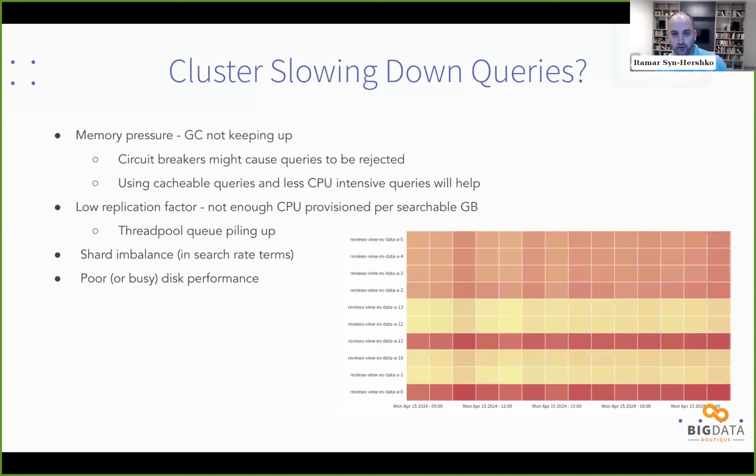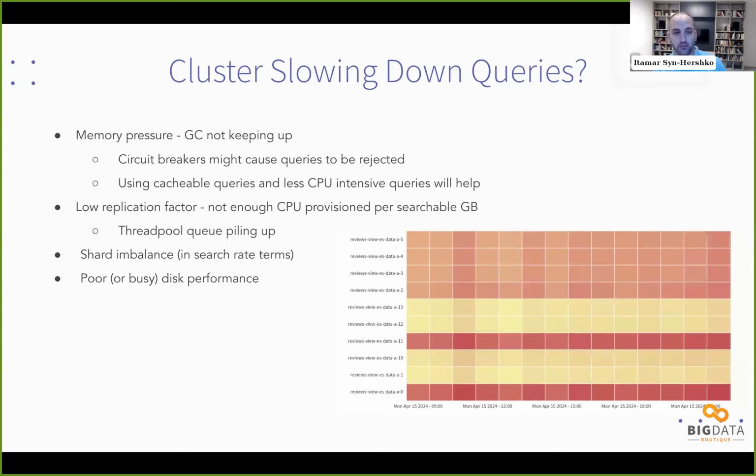So I listed a couple of things that you should be looking at before actually chasing slow logs, finding slow queries. Just to mention a few, I added to the slide here a shard heat map that we usually produce for our customers that shows whether there's an imbalance of shards, but not in terms of the size on disk or the number of shards per node.